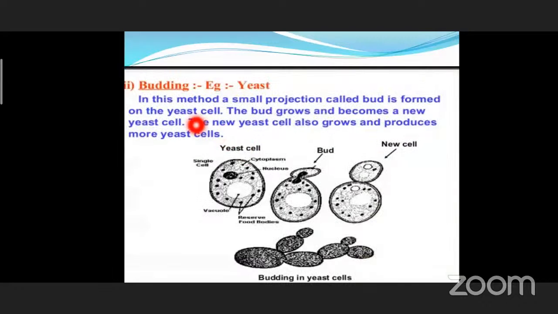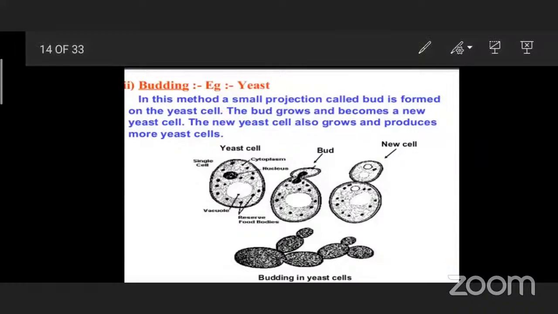Next one, budding. In this method, a small projection is called a bud. See here, this is an example, budding in yeast. This is the yeast cell. This yeast cell produces a small projection-like structure, this is called a bud. These buds grow and become a new yeast cell.